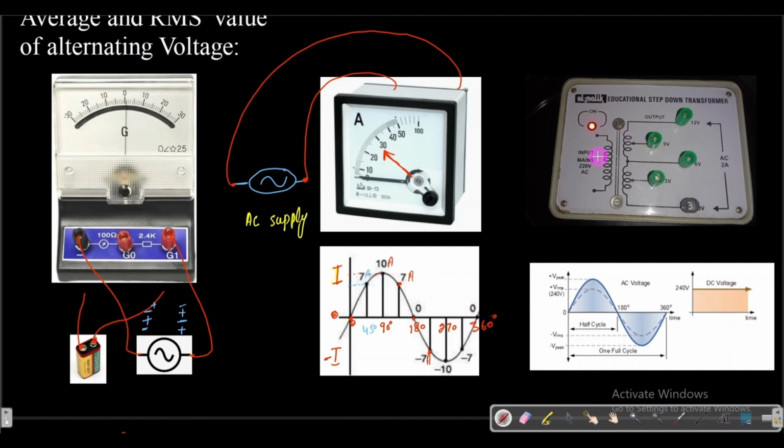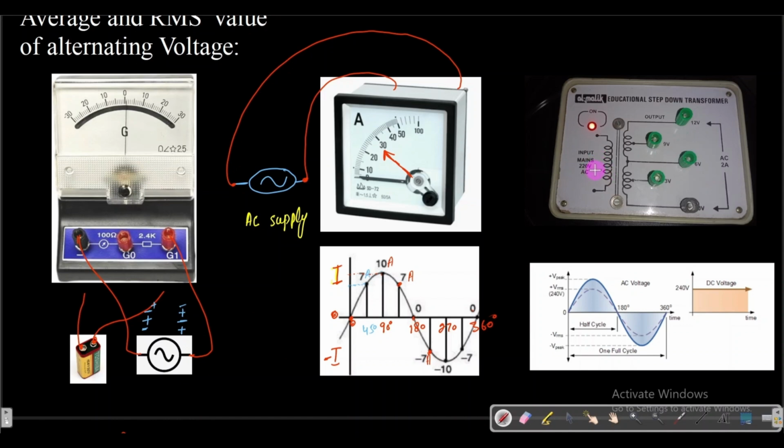As you know, this is a step down transformer, and we provide the 220 voltage. The voltage which is present in your home is about 220 volt. This 220 volt is a fixed value, and here it is actually alternating current.